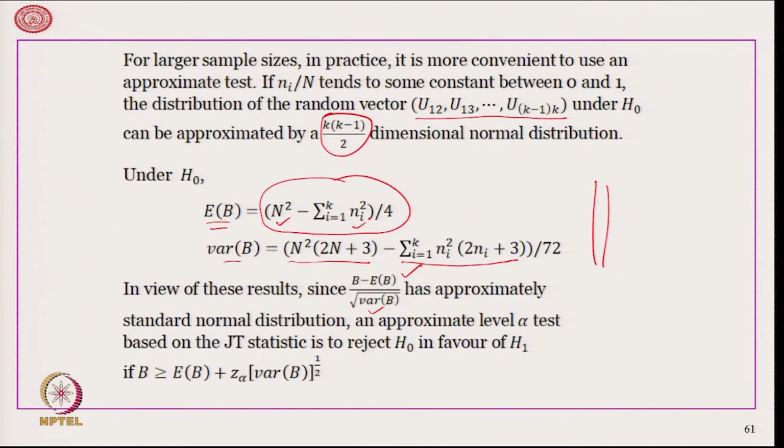And once we use a normal test, we shall check if B is greater than or equal to expected value of B plus z alpha, which comes from the normal distribution, multiplied by the standard deviation, that is variance of B to the power half, the square root of the variance. So, that is how we actually conduct the test to check if we can accept or reject the null hypothesis.